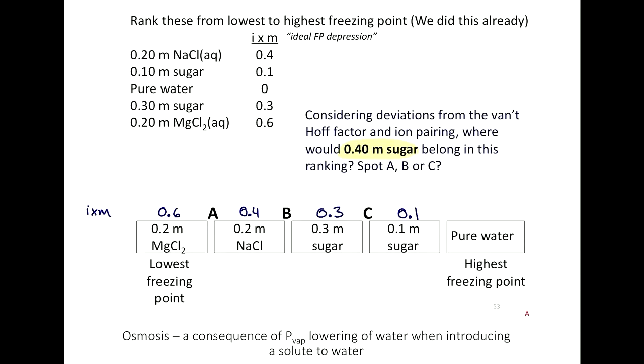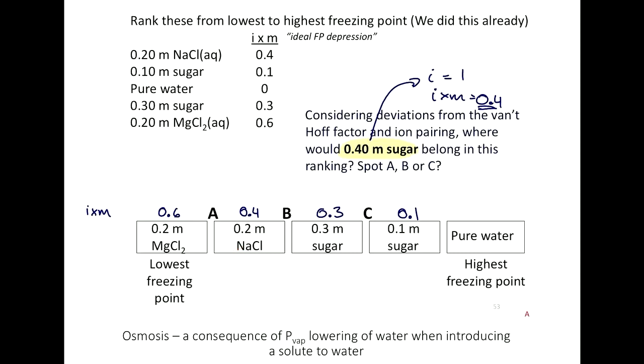All right, so sugar has what Van 't Hoff factor? 1, so its I times M product is going to be what? 0.4, yeah. So if we, for a second, didn't consider ion pairing, wouldn't 0.4 lie right on top of sodium chloride? You might think, oh, this sugar solution and this NaCl solution are going to have the same freezing point because they have the same I times M product.